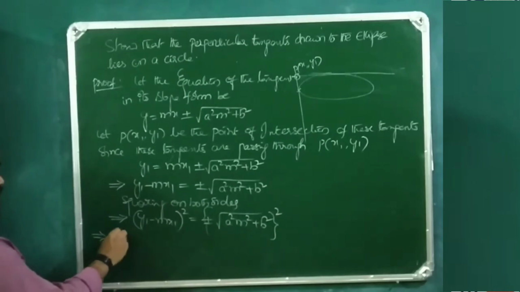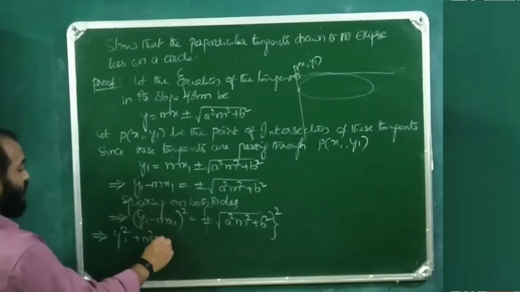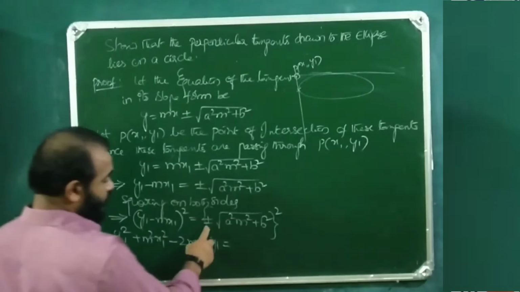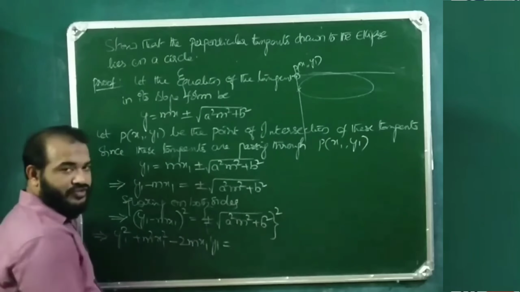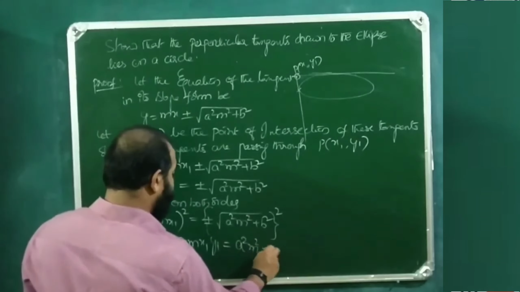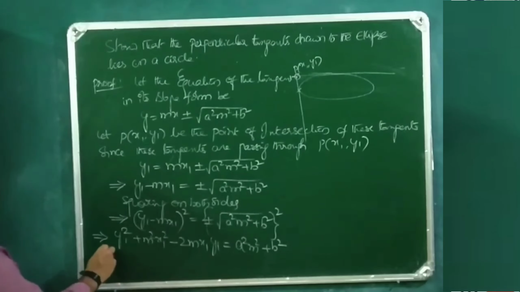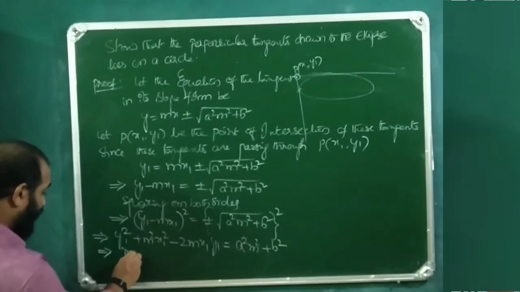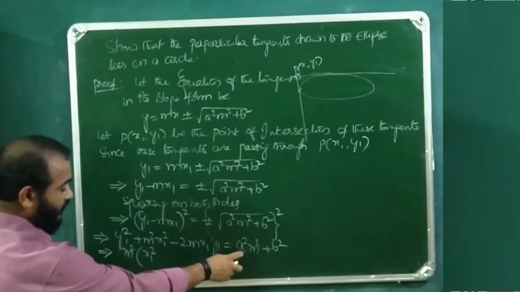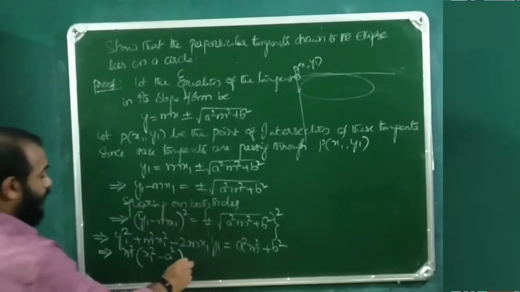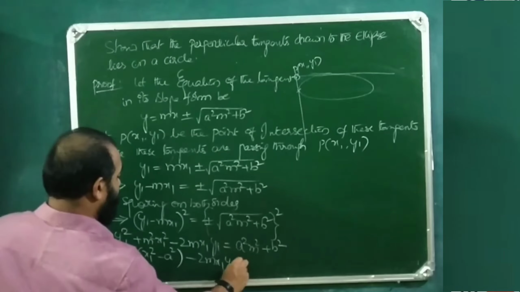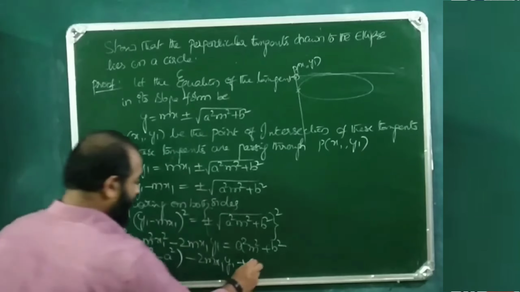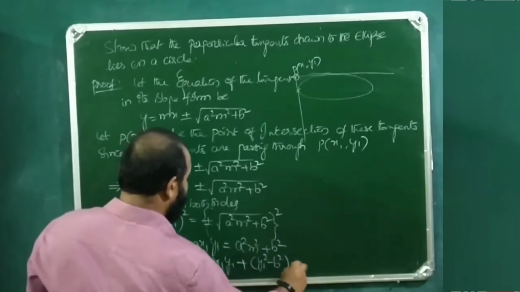So this is y1 square plus m square x1 square minus 2m x1 y1 equals a square m square plus b square, the square root gets eliminated. Take m square in common: m square (x1 square minus a square) minus 2m x1 y1 plus (y1 square minus b square) equals 0.